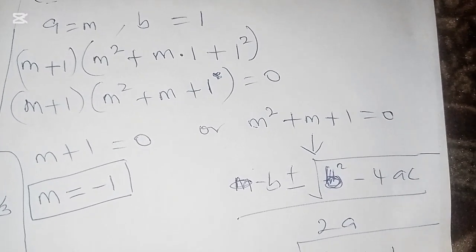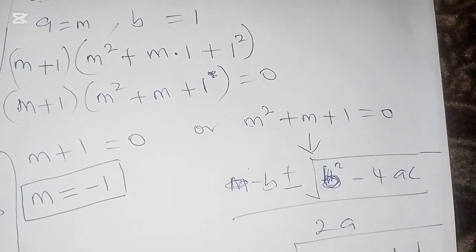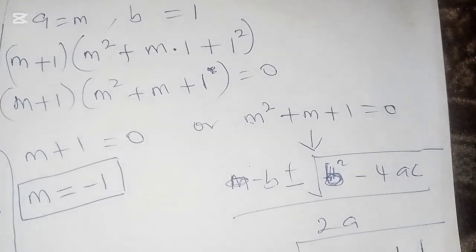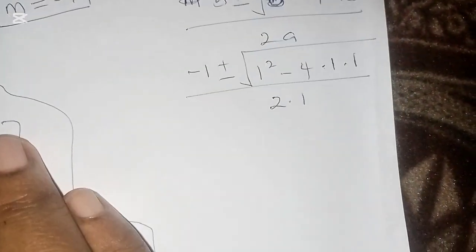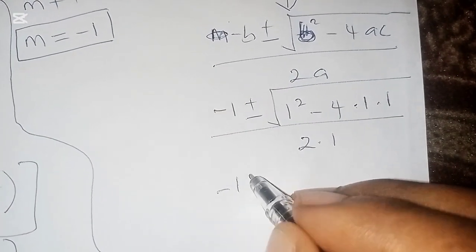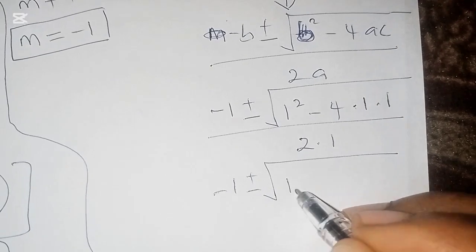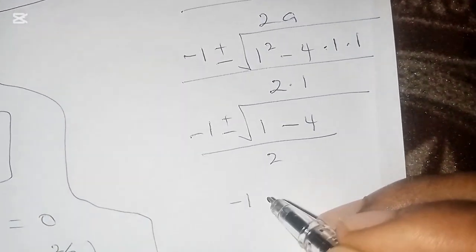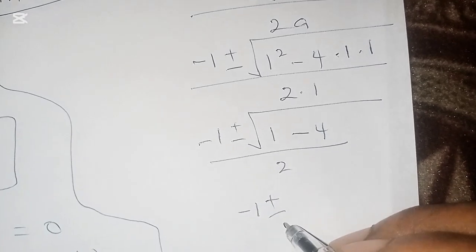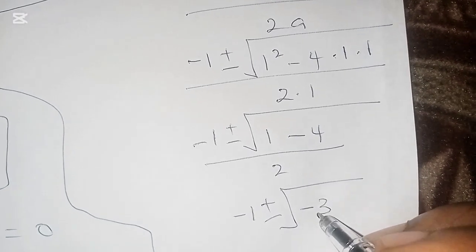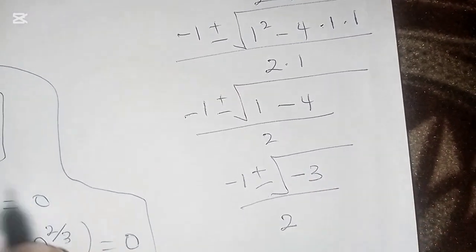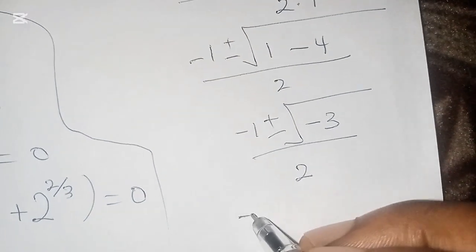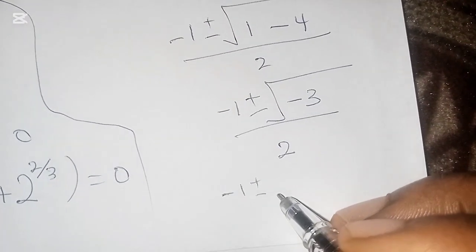That was what we ought to have, not m squared plus m plus 1. It was supposed to be a negative close to the m, but it was omitted, which is not good. But being that we're not going to use the solutions from here, we can actually ignore it.